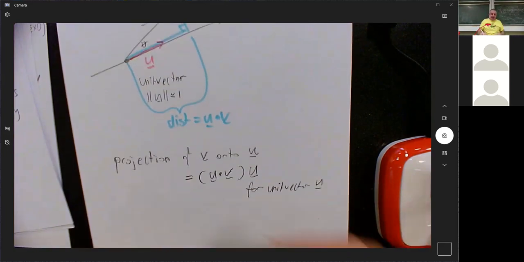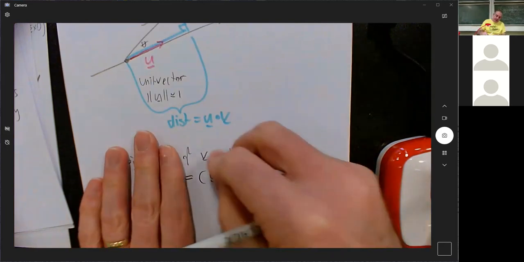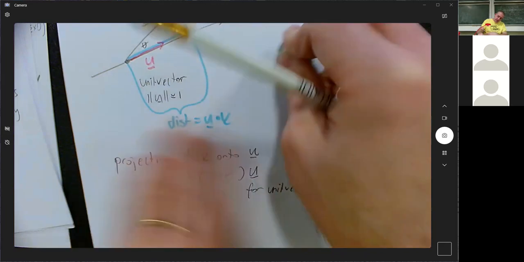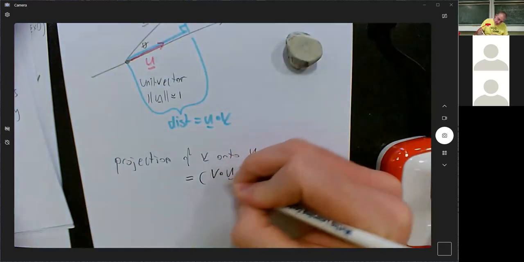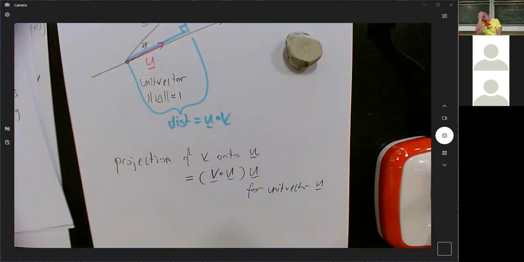So that's what it is for unit vector u. But if u isn't a unit vector, I might even write it as v dot u if that's okay. I'm going to have to make it a unit vector first, so I have to divide this and this both by the length of u, which means I have to divide by the length of u squared.